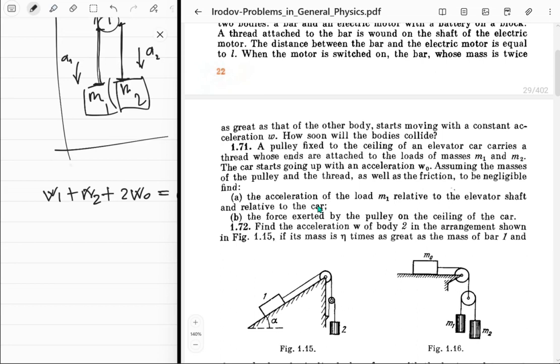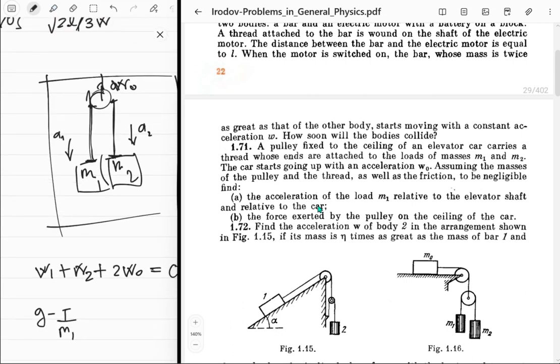So what's W1? That will be G minus the tension, T upon M1. Because the pulley is massless, whatever tension is over here, the same tension should be over here. Each element of the string has to be like that, because it has no mass, so no inertia, and that's why the tension must be equal.